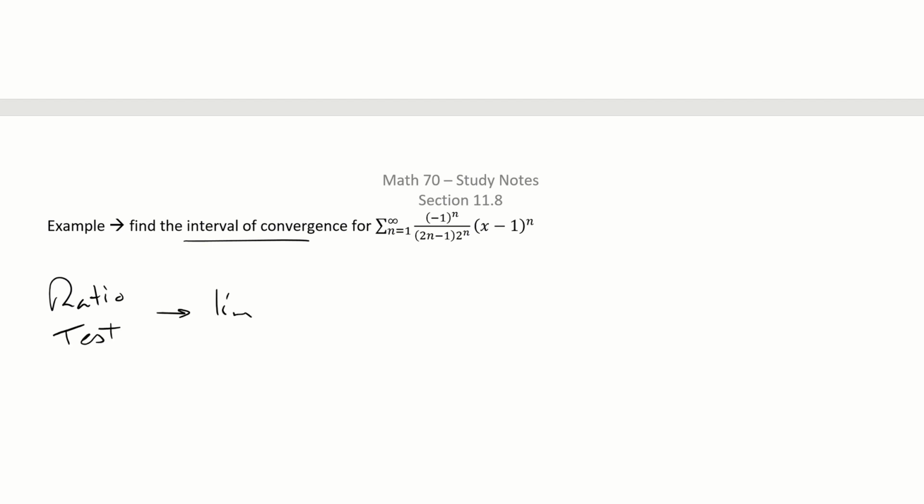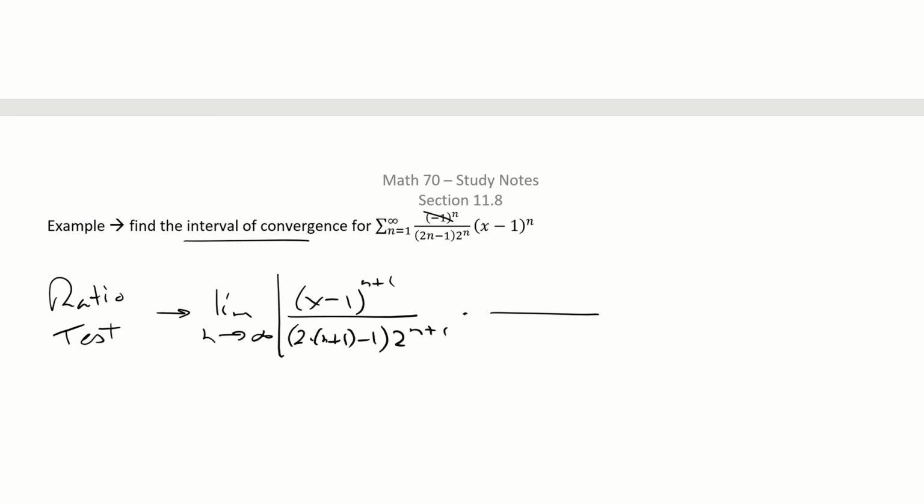So the limit, here's the mechanics though. Watch out, absolute value. What happens to the minus 1? Bye-bye. So I'm going to put x minus 1 upstairs, but to the n plus first power because it's the n plus first term. Downstairs I've got 2 times n plus 1 minus 1, and then times 2 to the n plus 1, I almost forgot.